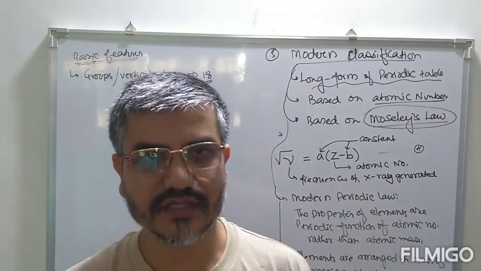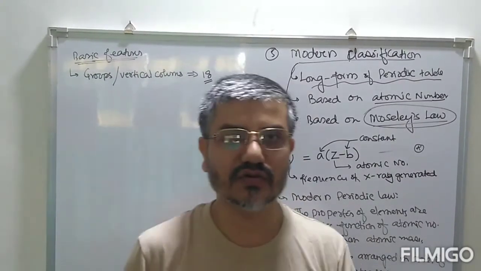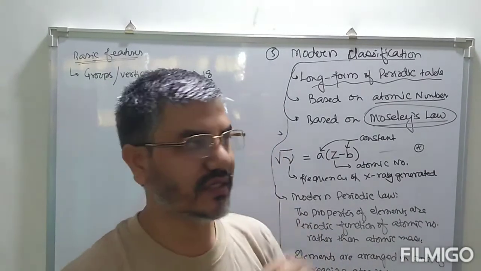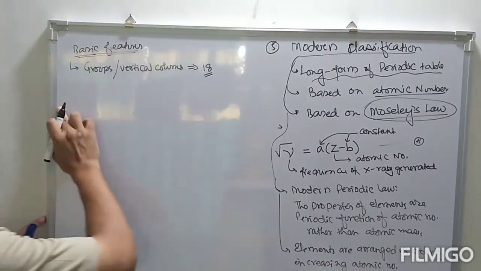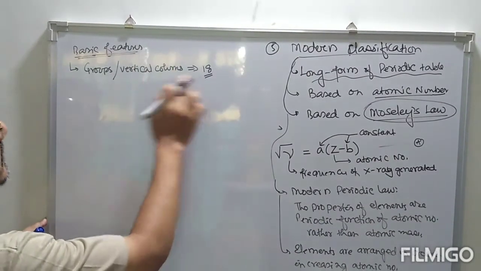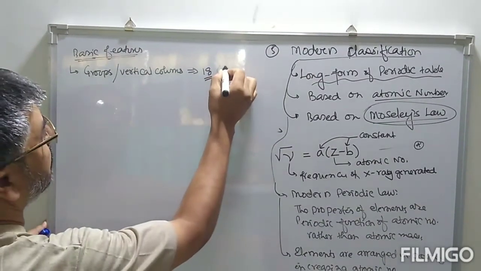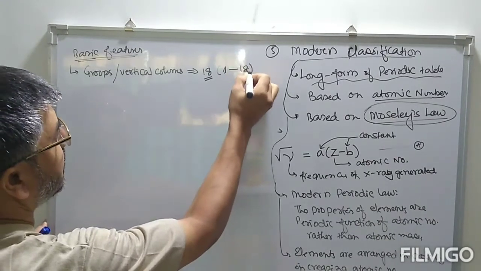So generalization of properties of elements in a particular group can be very easy. So the total number of groups is 18, that is from 1 to 18.